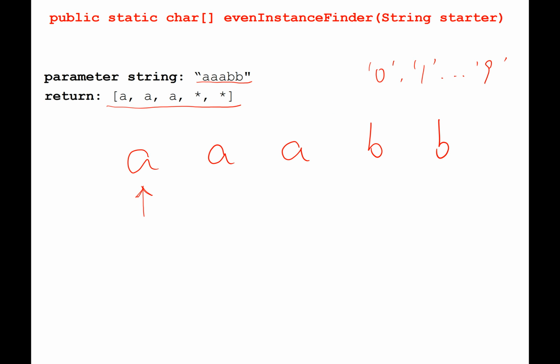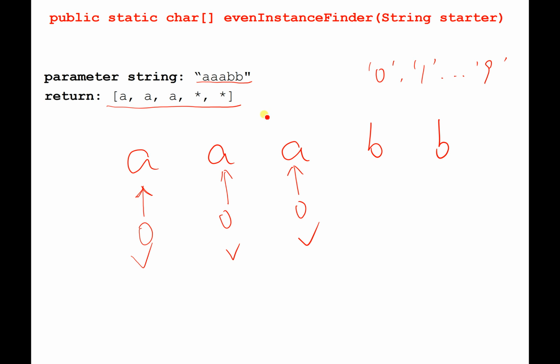So the count of digits after A is 0. 0 is an even number, so this A checks out. Similarly, for this A, the number of digit characters after the second A is also 0. So this A also contributes to the instance count of character A. Similarly for this A. So all 3 of them are good.